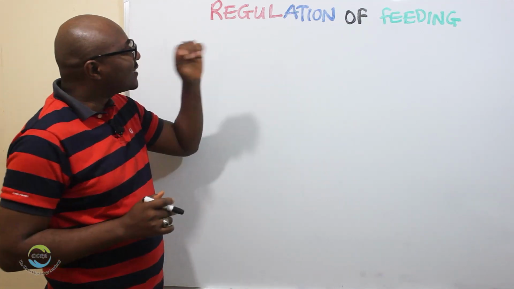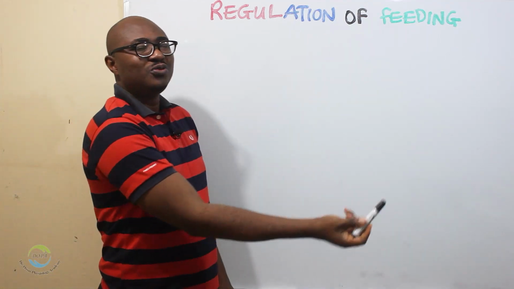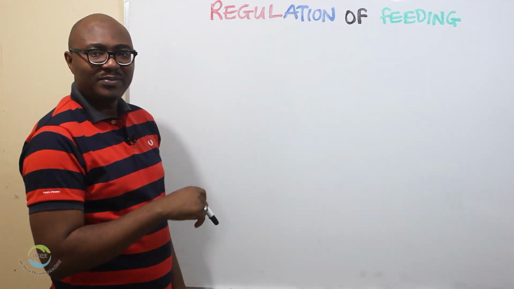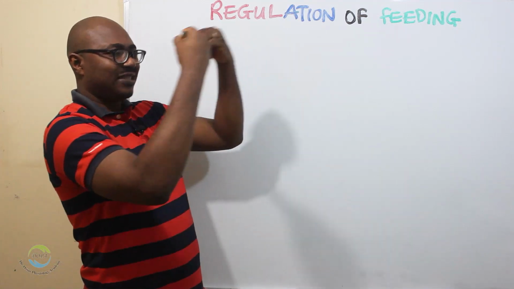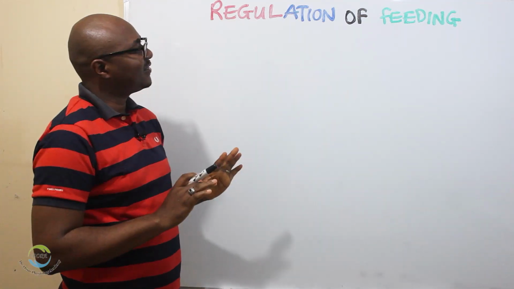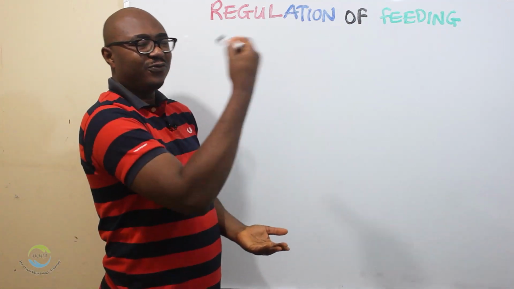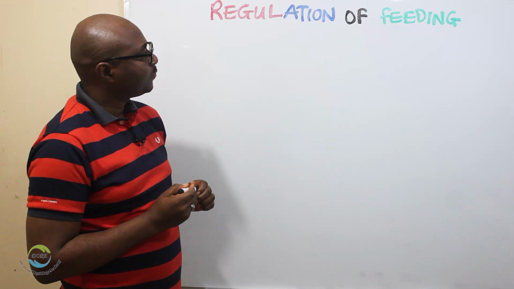But this one is now dealing with how much food you take in the first place, when you should eat, and how much you should even eat. That's what this regulation is talking about. Regulation of food intake. Okay?